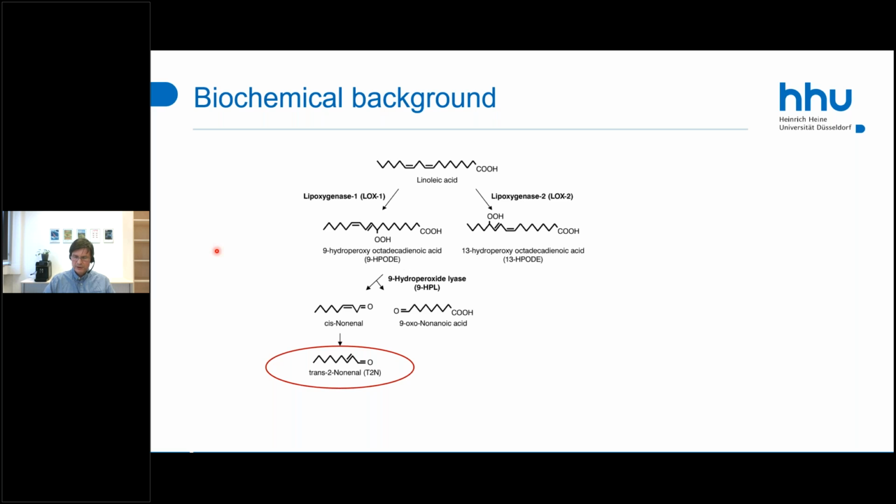The first enzymes in this oxidation process are called lipoxygenases, and in barley we have 2: lipoxygenase 1 and lipoxygenase 2. The 2 feed into 2 different pathways. Lipoxygenase 1 goes into this direction, and lipoxygenase 2 is going into the jasmonic acid pathway.